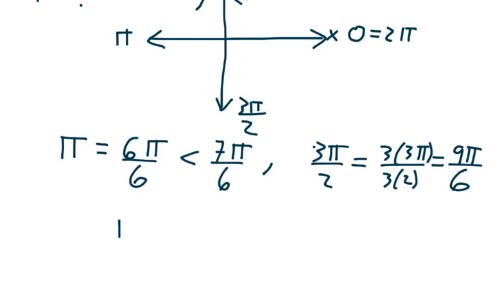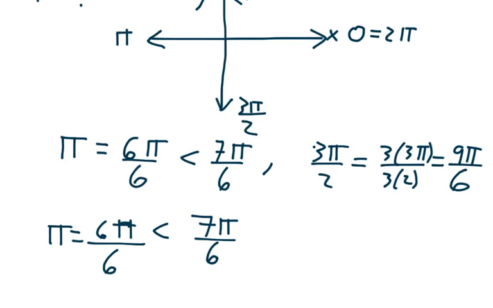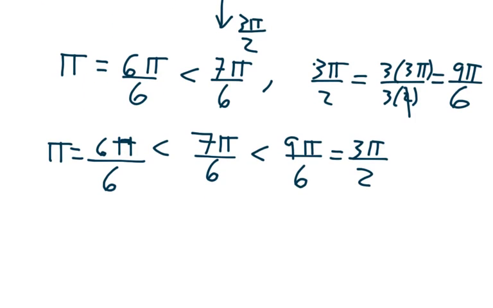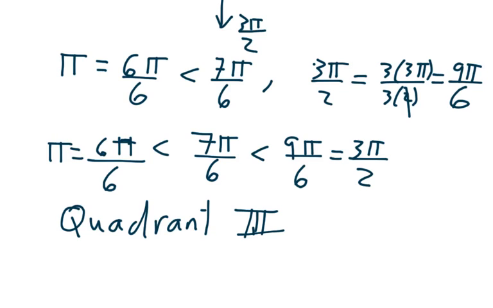So that tells us that pi is less than 7 pi over 6, and 7 pi over 6 is less than 9 pi over 6, which is 3 pi over 2. So what does that tell us? That tells us that 7 pi over 6 must be in quadrant 3.